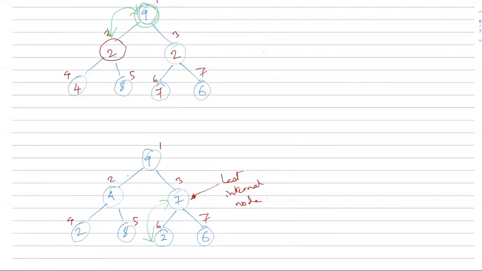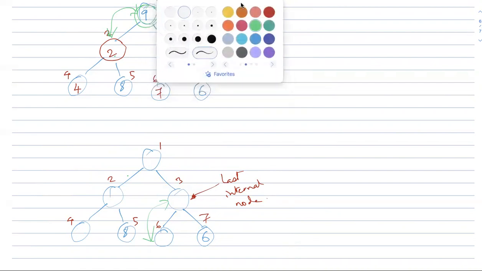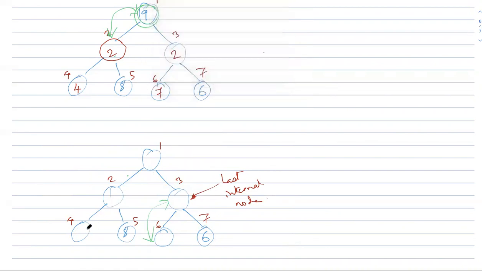So after swapping, here we had 4, here we had 7, here we had 2.